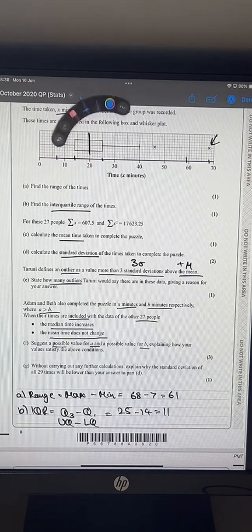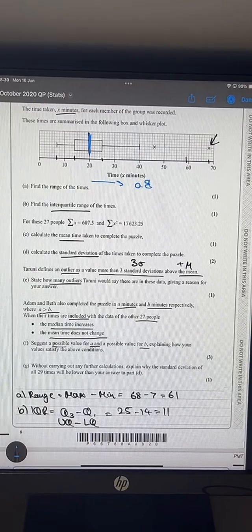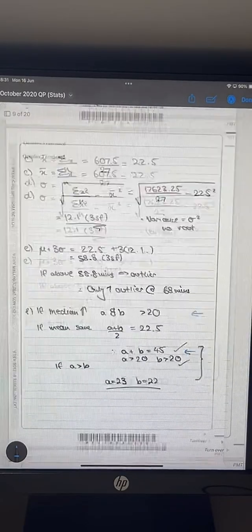This is the median time, right? They're telling me it increases. So the median is going this way, which means that A and B have to be greater than 20. Both of them have to be greater than 20. That's the first condition I wrote over here. That's all I know from that sentence.